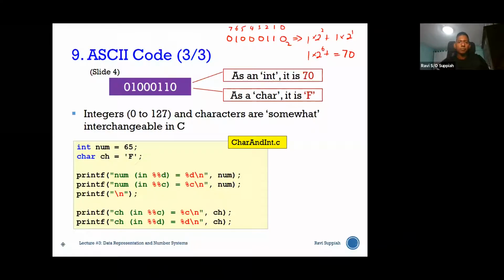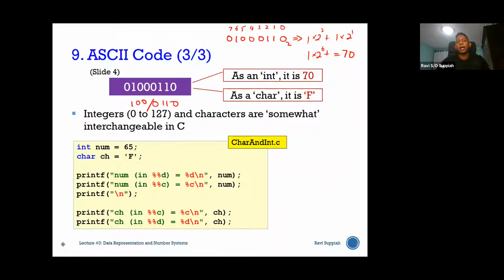But at the same time, I can look at this same 8 bits and say that it is actually representing a character, that means an ASCII character. If I say that this is representing an ASCII character, what do I need to do? I need to split this into two parts, correct? One is the lower 4 bits, 0 1 1 0, and the upper 3 bits, 1 0 0, because ASCII you just interpret as 7 bits.